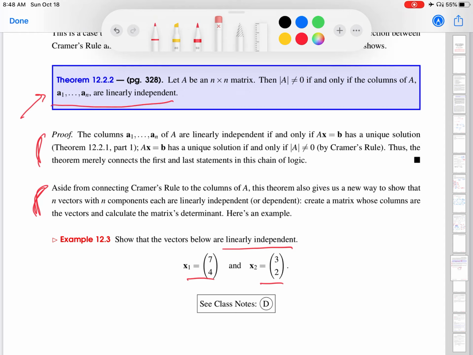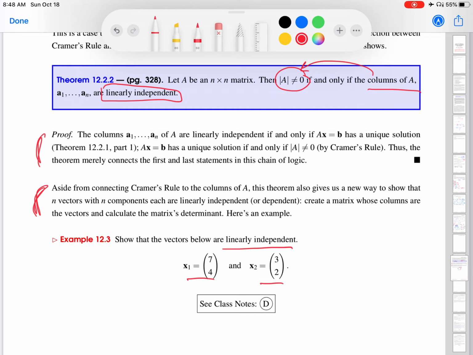What does that mean in practice? That means that if you don't feel like calculating the determinant of a matrix, and for whatever reason you just want to make sure that the determinant of A is non-zero or zero, but you don't want to calculate it, then you can look at the columns of A. If you show that they are linearly independent, that tells you the determinant is non-zero.